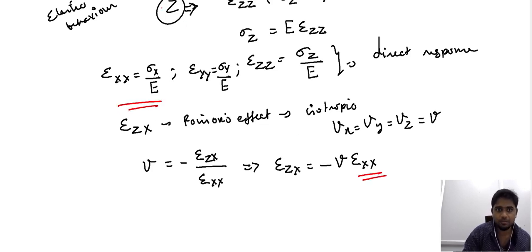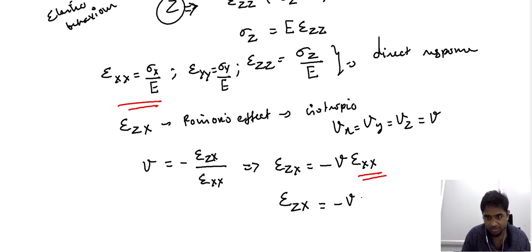Therefore the indirect response along the z direction that is brought about by the load along the x-axis is represented by minus nu, and we substitute this term here: sigma x, the stress along the x direction, divided by the Young's modulus.